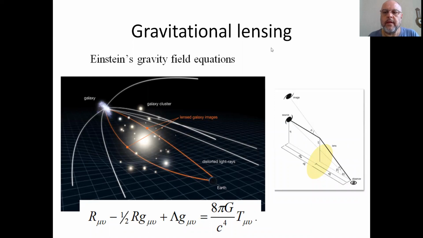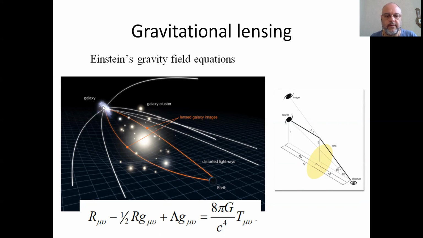Besides this experiment using Ferrocell, we compare the system with gravitational lensing. If you consider Einstein's gravity field equations, this famous equation, some of the solutions of these equations are related to gravitational lensing.